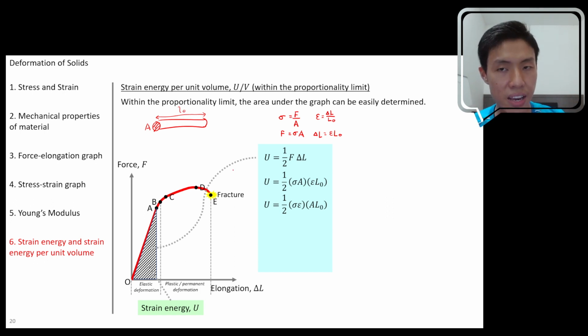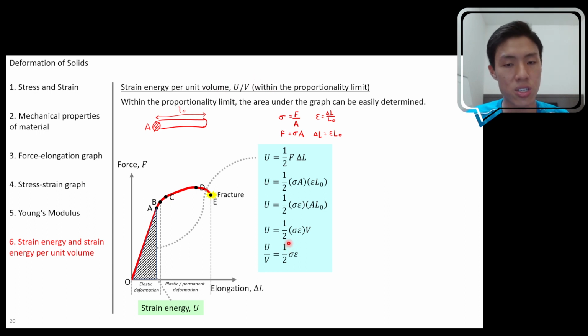So if you take area multiplied by length, what you get is actually the volume, or the initial volume of the specimen. So if you shift this initial volume to the left, now you have your strain energy divided by the volume, which is strain energy per unit volume, the focus of our discussion in this video, which is equal to half sigma epsilon, half stress strain.